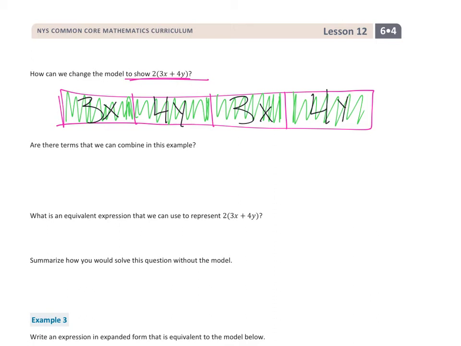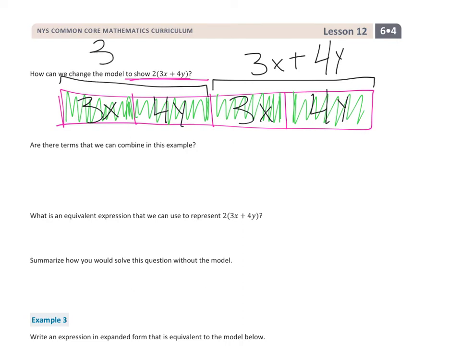And then just to make sure nobody gets confused and thinks I'm multiplying here, I'm going to make sure it says 3x plus 4y. I'm going to do that over here too, 3x plus 4y.